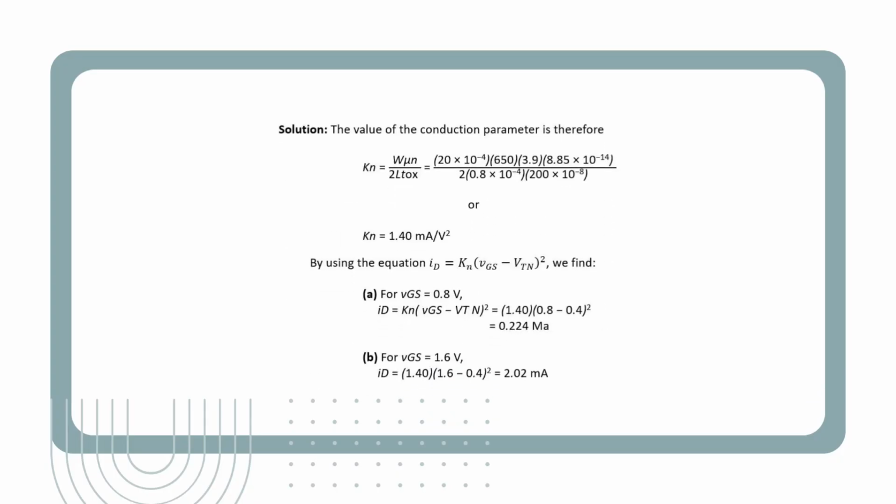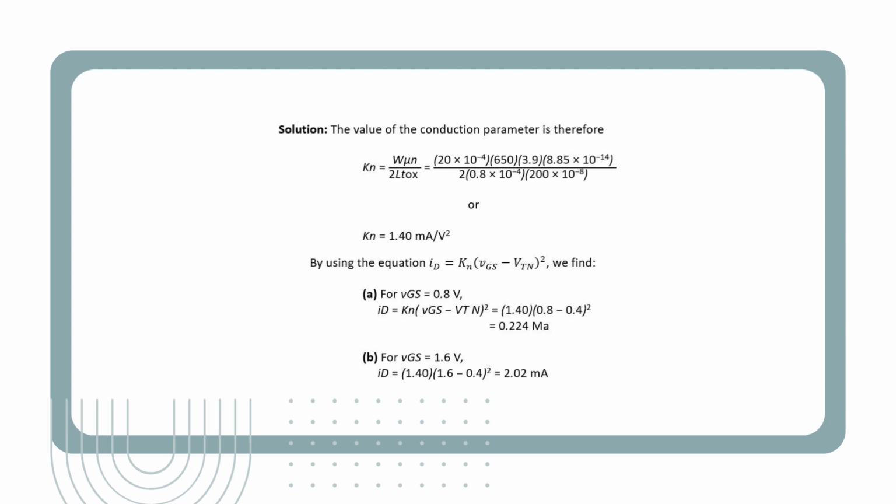So, the solution for this is given here. Now, Kn equals W into mu upon 2L, into epsilon upon Tox. If we place the values for W, mu, L and Tox that are present in the numerical, we will get the value for Kn, and once we have the value of Kn, we can determine the current for different values of gate voltage. So, ID equals Kn into (Vgs minus Vtn) whole square.